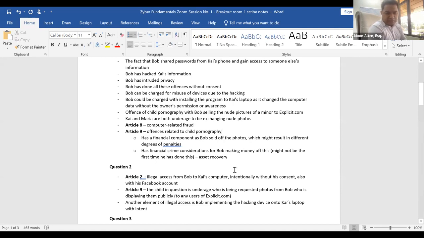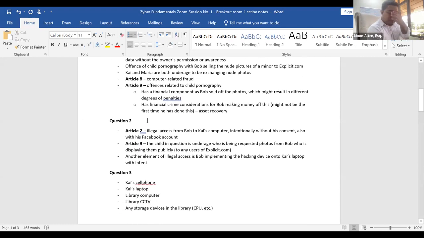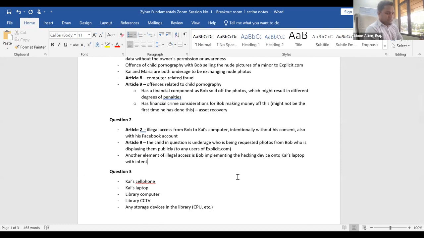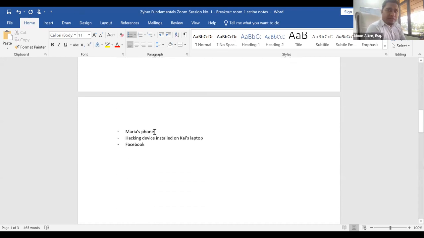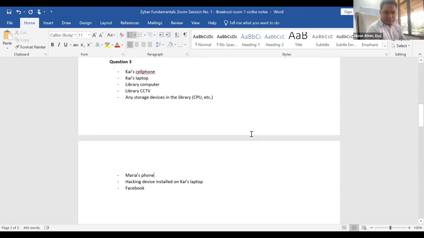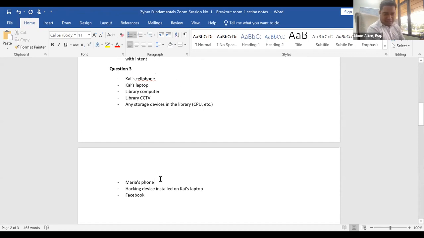And then question 2, we also talked about the devices and the platforms. In our earlier discussion starting off this morning, we talked about the computer at the library, the cell phone device belonging to the girl, Kai's phone, and we talked about the platform of Facebook.